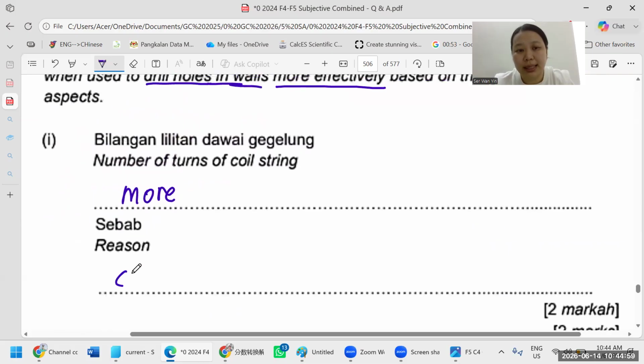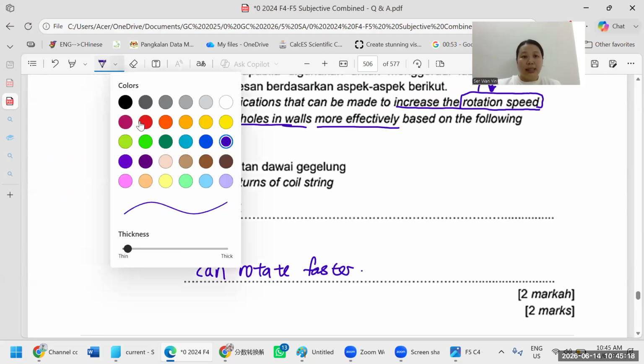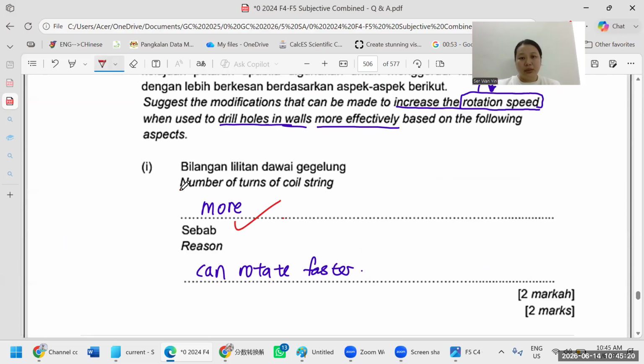Why? Can rotate faster. What do you think? Can or not? Accept or not? Right, in exam, okay, this one, number of turns, 1 mark. What do you think? This one can or not?